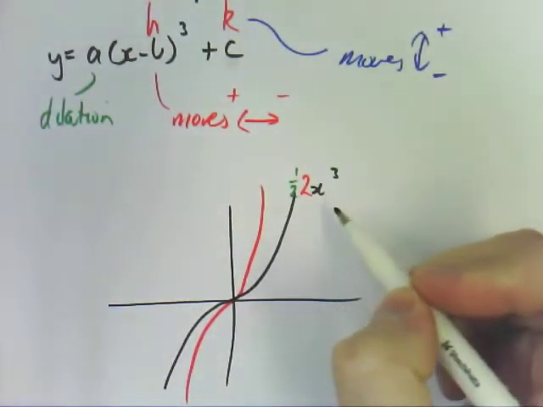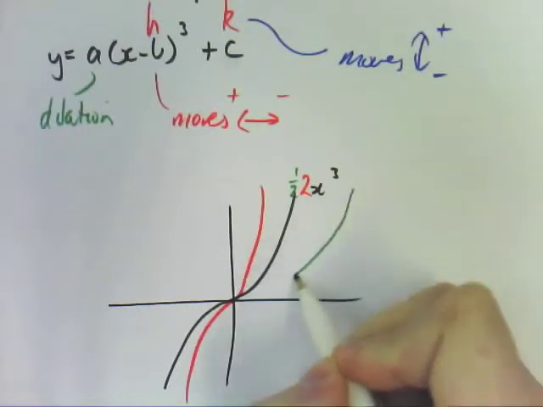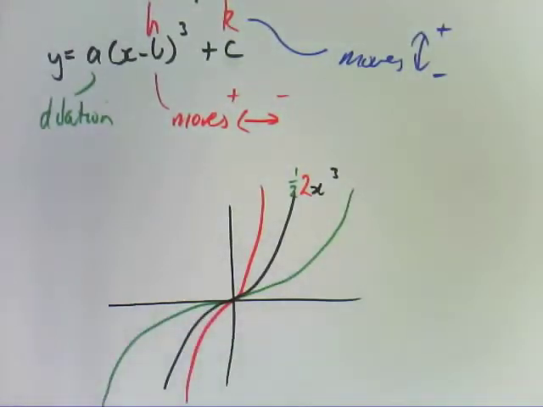It's going to go up half as quick, so it's actually going to look more like that. So that's what dilation factor does here. So it makes it go up quicker as well? Yes, basically. It compresses it this way, but what it's actually doing is making it go up faster or up slower.